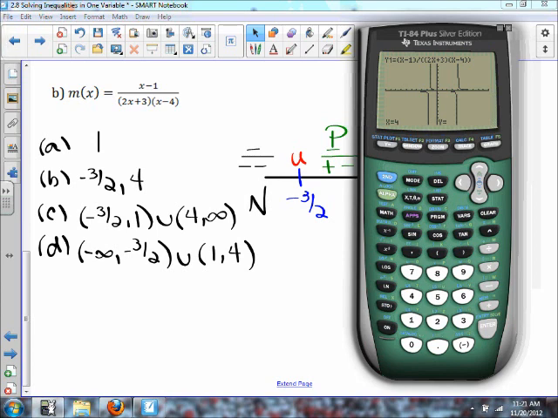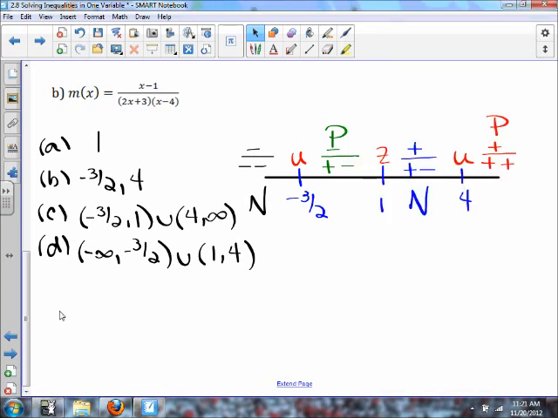And then also from 4 to infinity, it'll be positive. That'll be negative from negative infinity to negative 3 halves, and 1 to 4. That's where it'll be negative. So you can see it on your graph. Okay. Are there any questions on B right at this time?